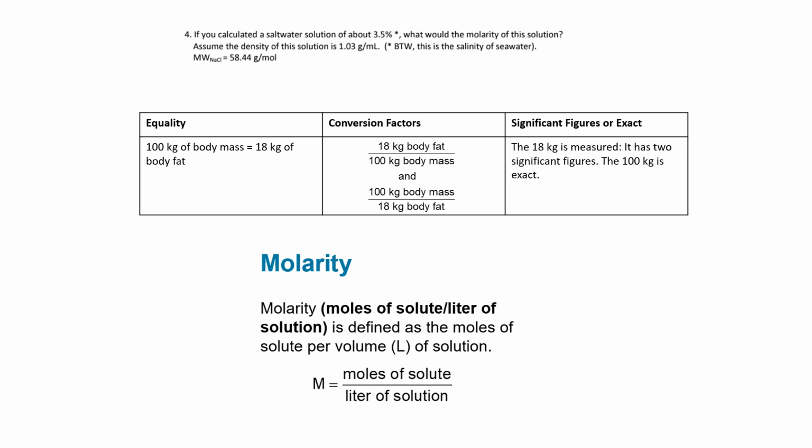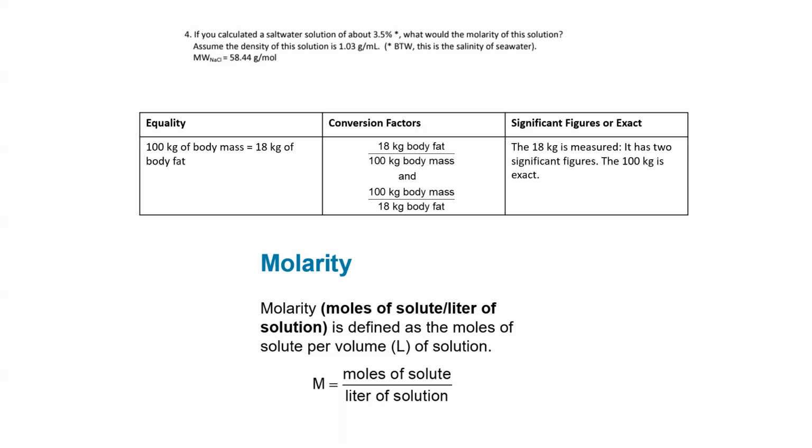We're going to just pick our own units. You could pick kilograms for the mass of the salt and the mass of the saltwater solution, or you could pick grams. As long as they're the same unit, it doesn't matter because they would cancel out. So we can express that as the amount of salt, in grams for example, over 100 grams of the solution.